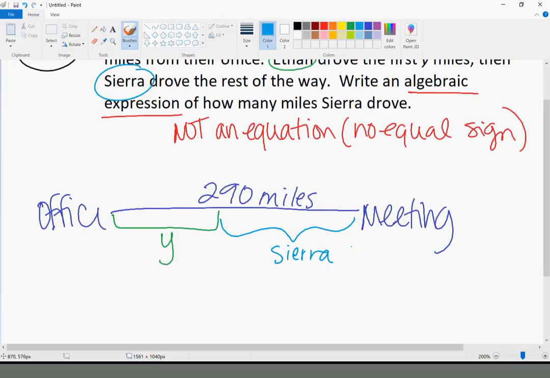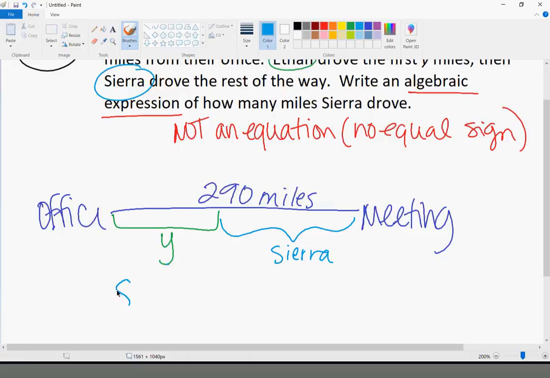So if you want to, let's say that Ethan drove 90 miles. Let's just say we guess that. He drove 90 miles. If the entire distance is 290 and Ethan drove 90 of those miles, Sierra drove the other 200.